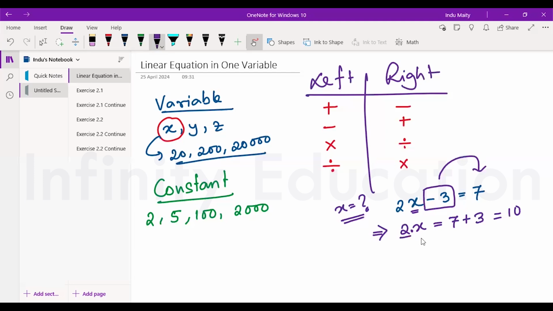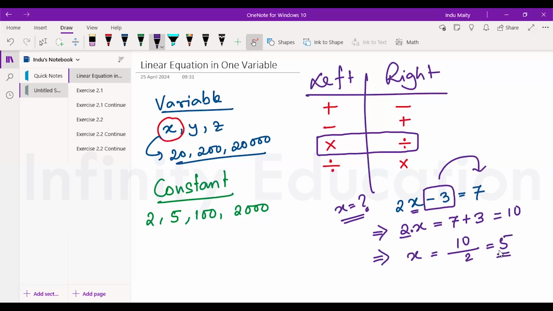As 2 is multiplied with x on the left side, when we take that 2 to the right side, we make it divide. So multiplication on the left side becomes division on the right side. So x will be 10 by 2. Hence, the value of x in this equation is 5.